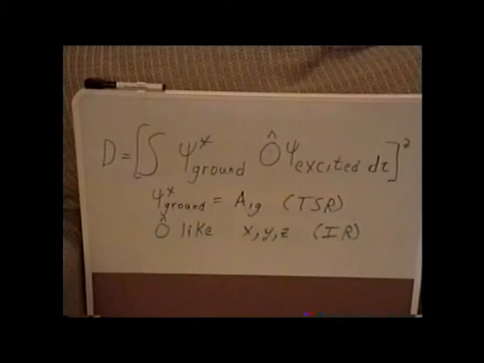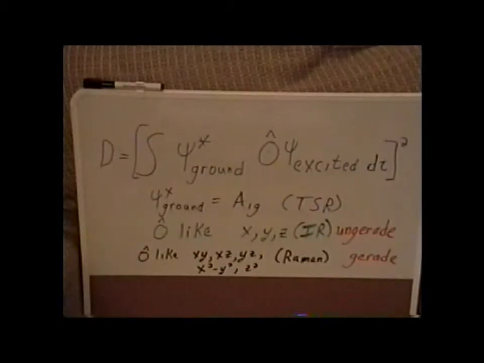We'll talk about what that is in a second. But an important thing to keep track of is that the infrared operator, the electric dipole moment operator for infrared, will always transform in a centrosymmetric point group like an ungerade irreducible representation.